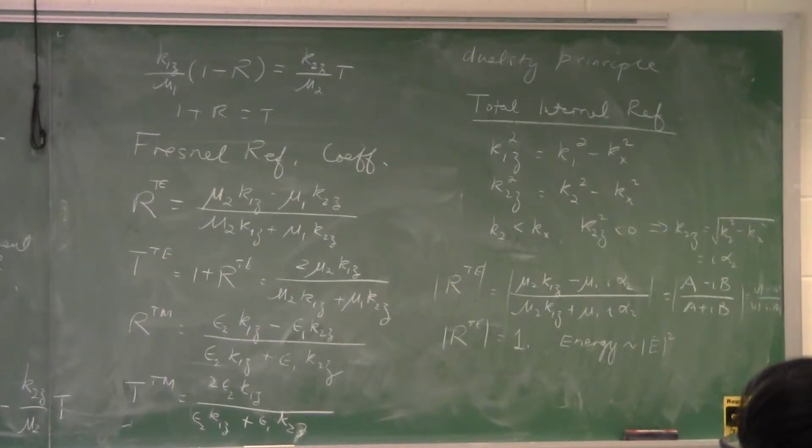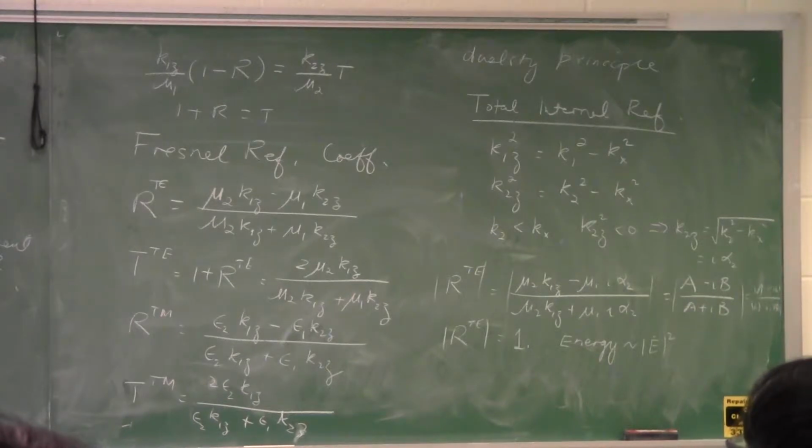What kind of power is actually flowing in region 2 in the case of total internal reflection? What kind of power is flowing there? Reactive power, okay. If you study this problem, which I don't have time to go into, you study E cross H conjugate.